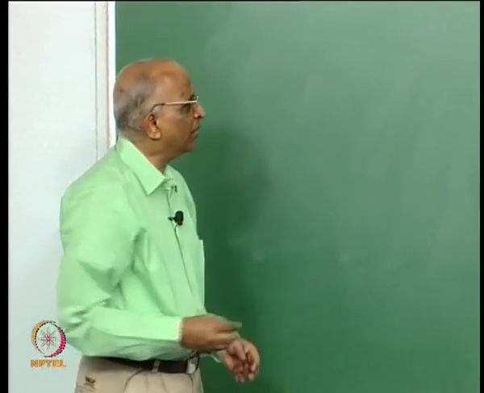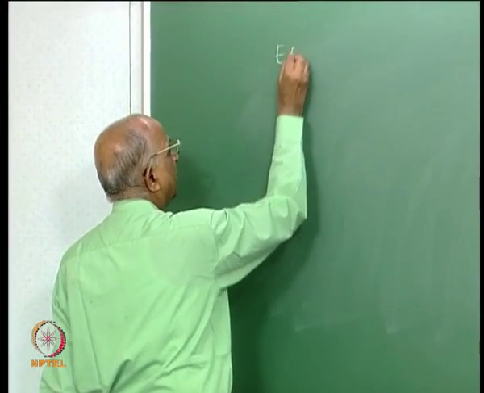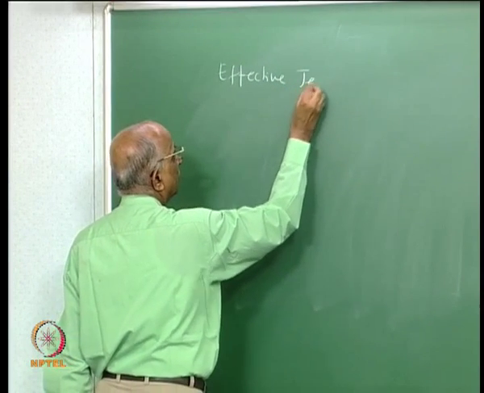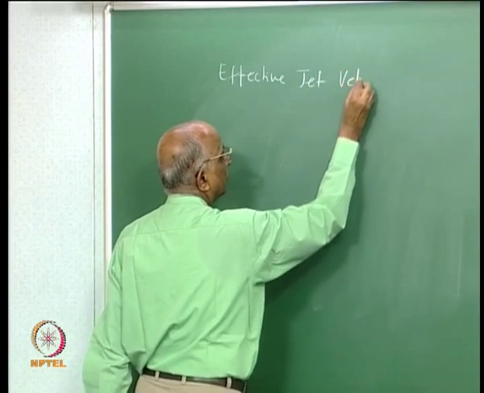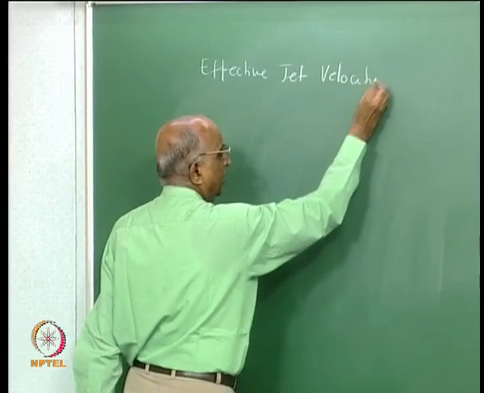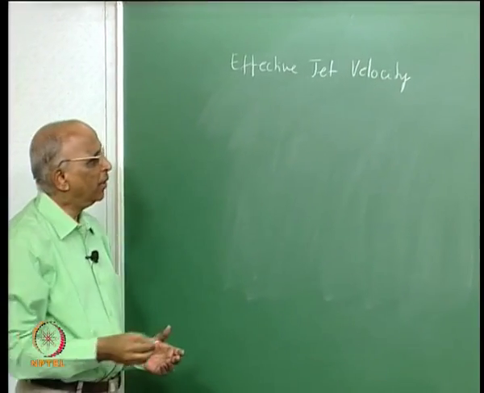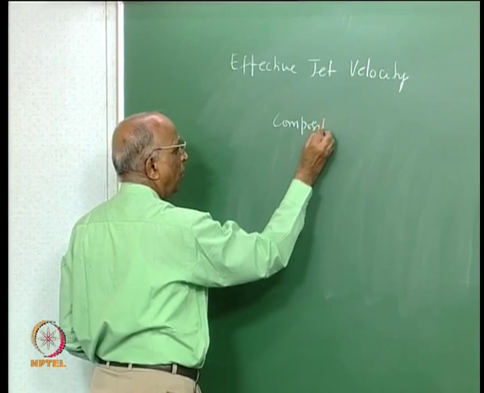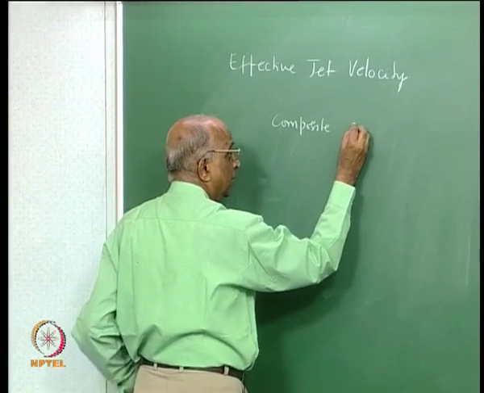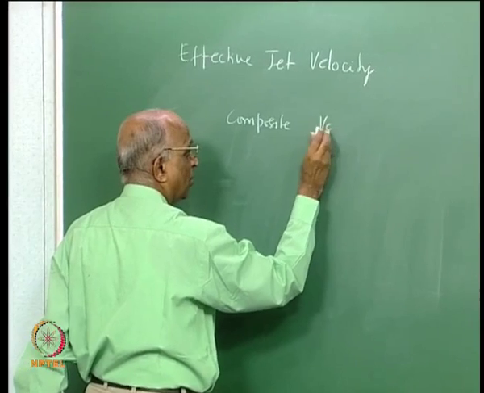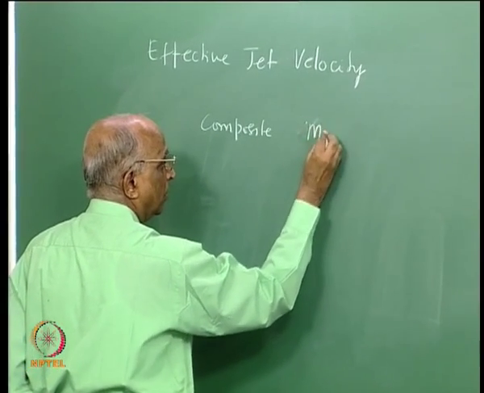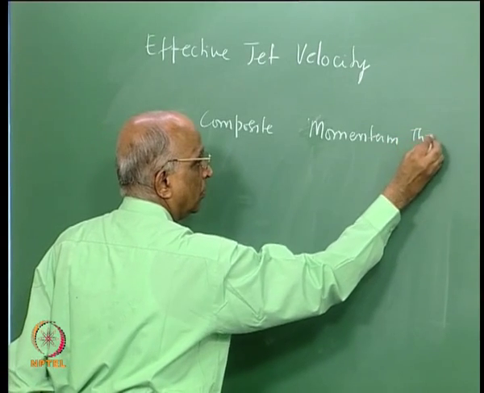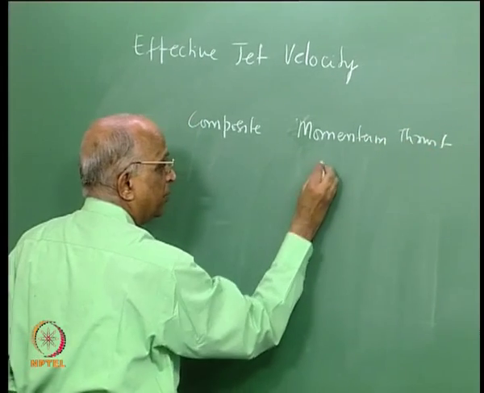Now, sometimes an effective jet velocity is defined in the literature to determine the composite of the jet or the velocity thrust or the momentum thrust and the pressure thrust.